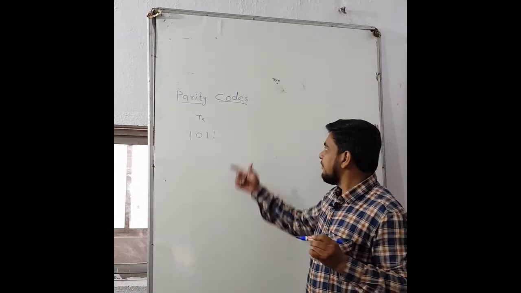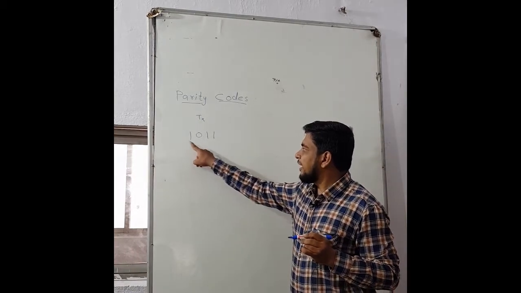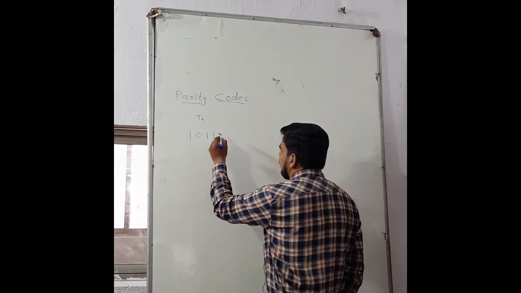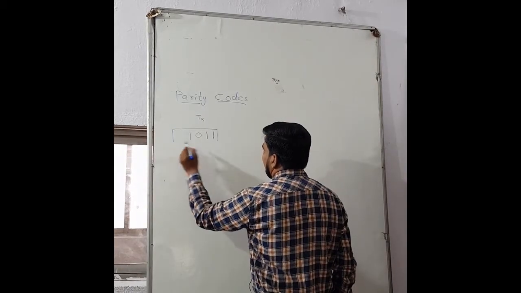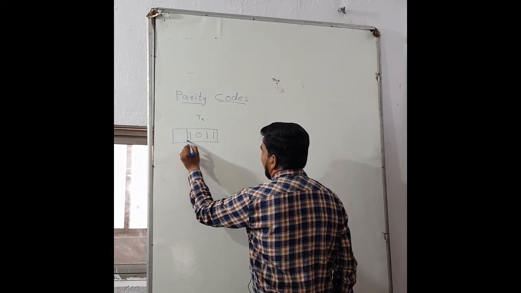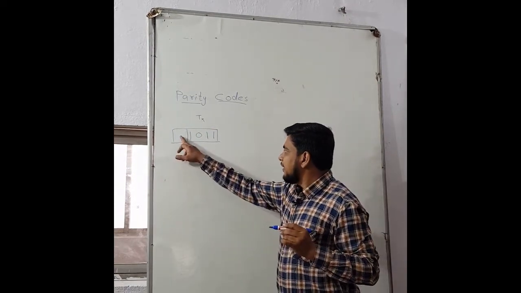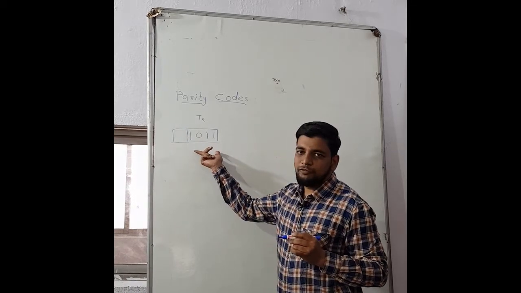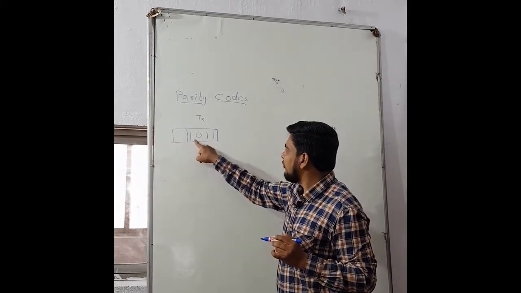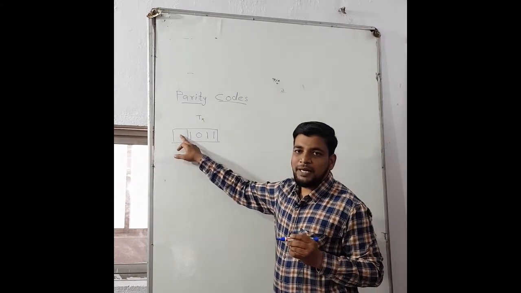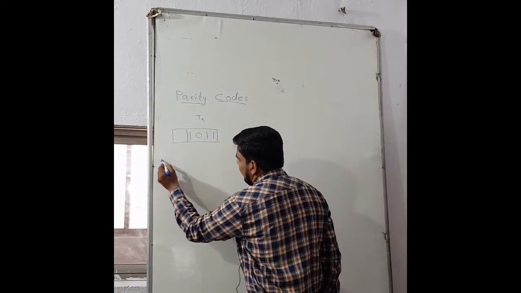Then in this method, we will encapsulate one extra or redundant bit with this information. Suppose this is the packet, and we are encapsulating one extra bit with this, and this bit depends on the number of ones in the input information. Number of ones are 1, 2, 3. So this bit is a parity bit. This parity will be even parity or odd parity.